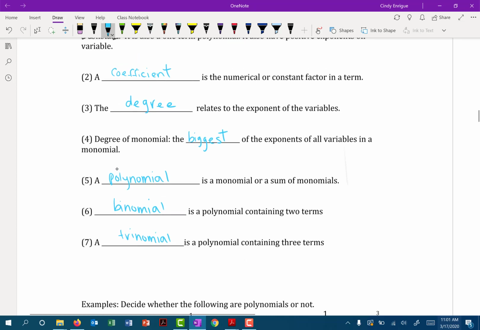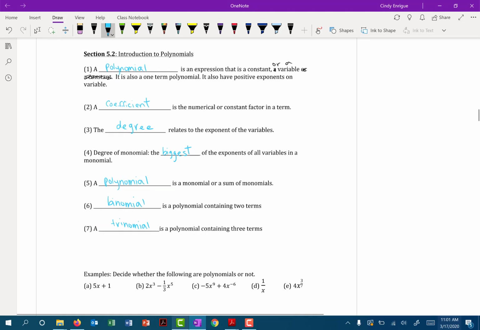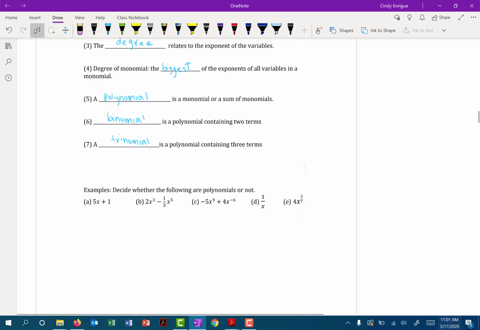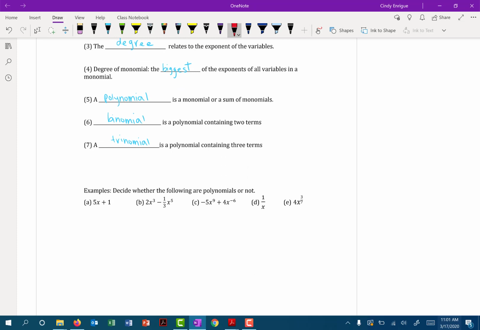So let's put these vocabulary words into play to determine whether or not the examples below are polynomials. To be a polynomial, you want the exponent to be a positive whole number.